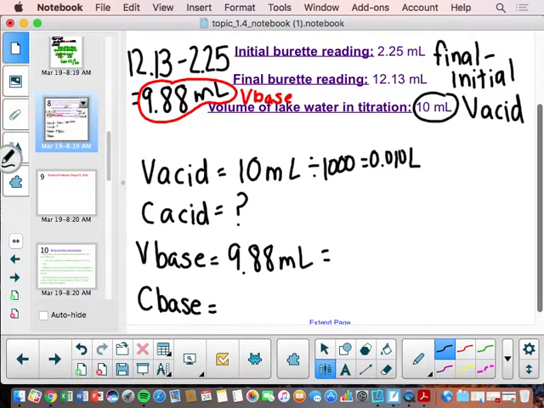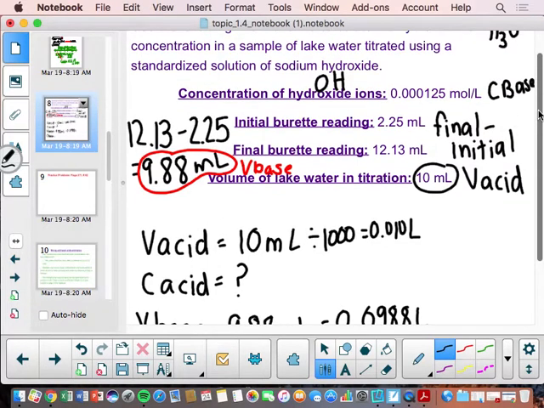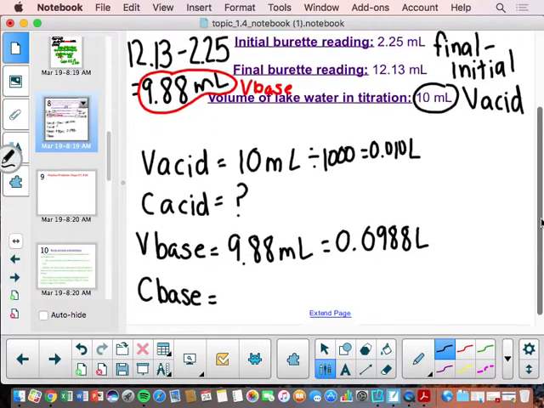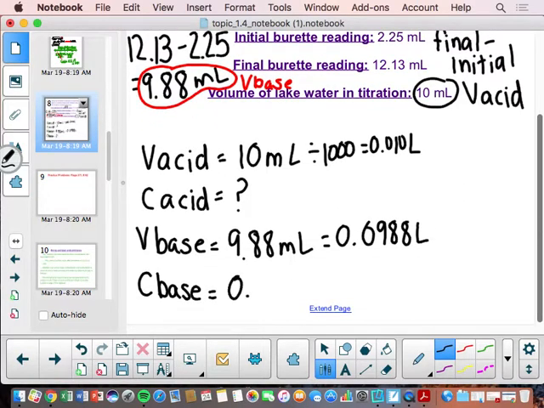So divide by 1,000, right? So 9.88 milliliters would become 0.0988 liters. Wait, are we finding our C base? We have our C base up at the very top. See? Okay. C base is 0.000125. So our missing piece is our C acid.